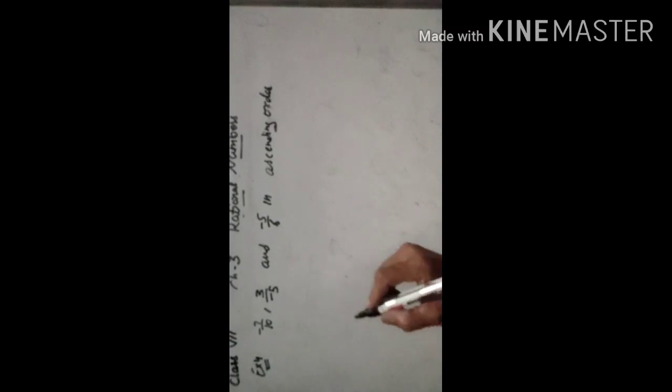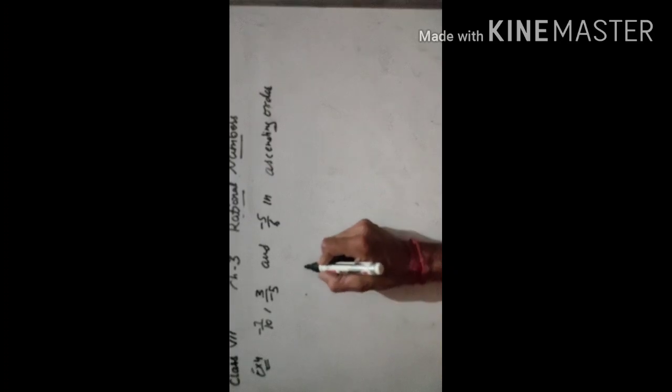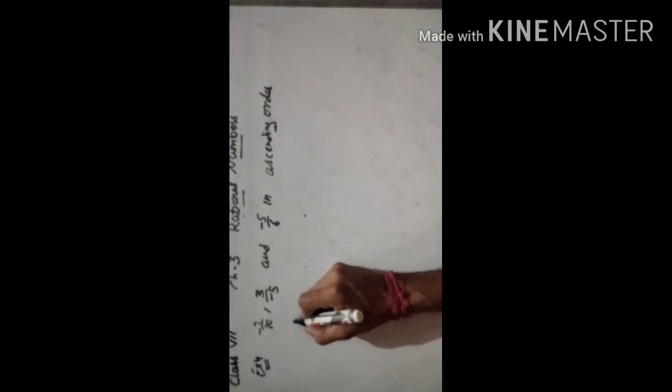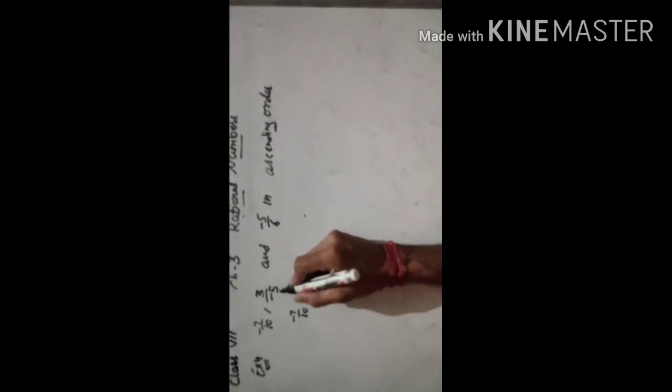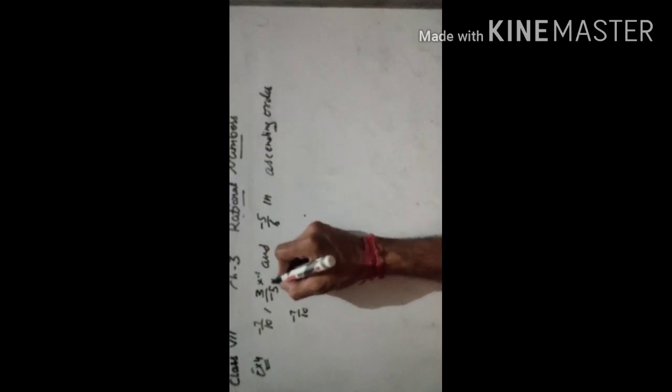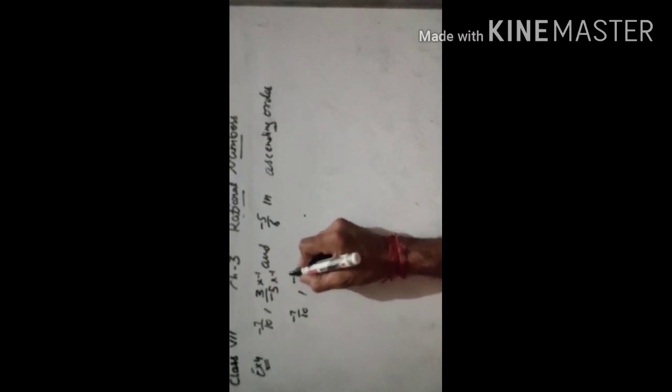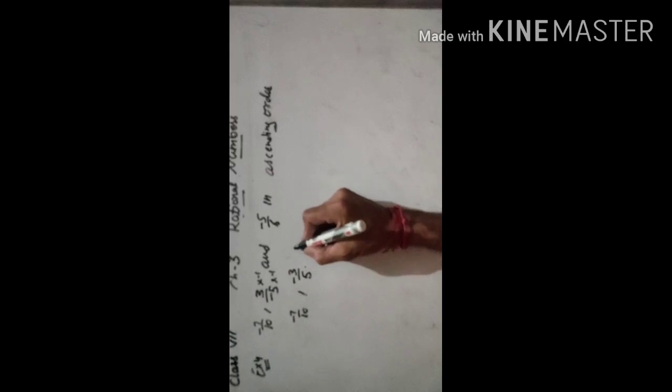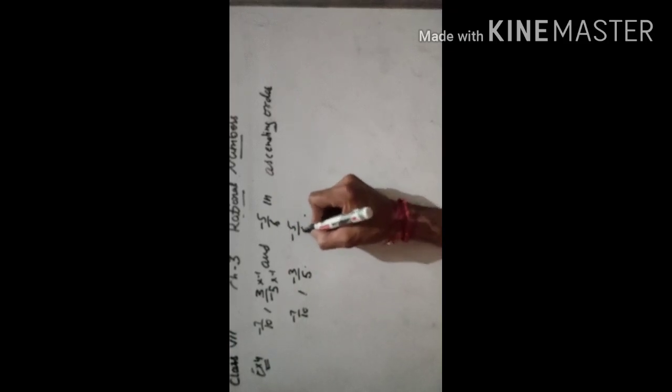In ascending order, we have to write the smallest number first, then greater ones. Now -7 by 10, make the denominator positive: -3 by 5 and -5 by 6.